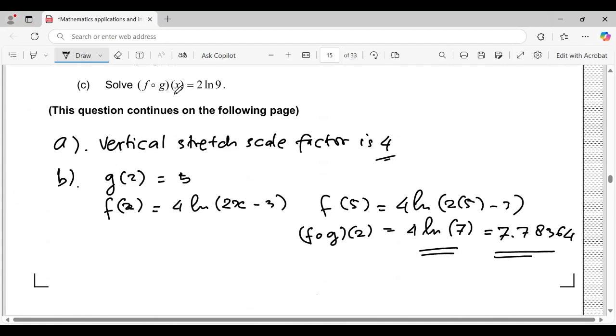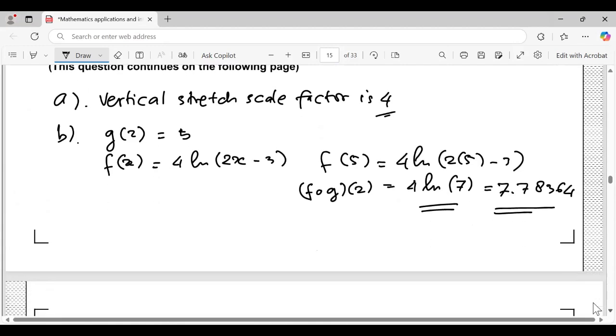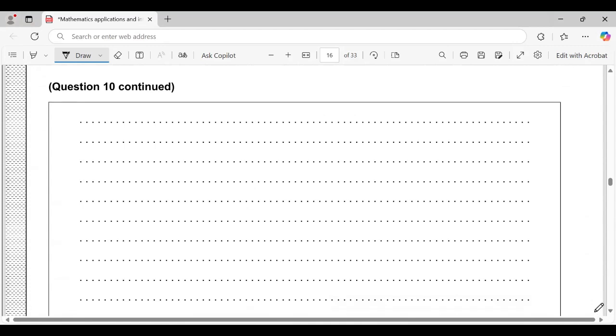C, solve f of g(x) equals 2 ln 9. f of g(x) is 4 ln(2g(x) minus 3) equals 2 ln 9.